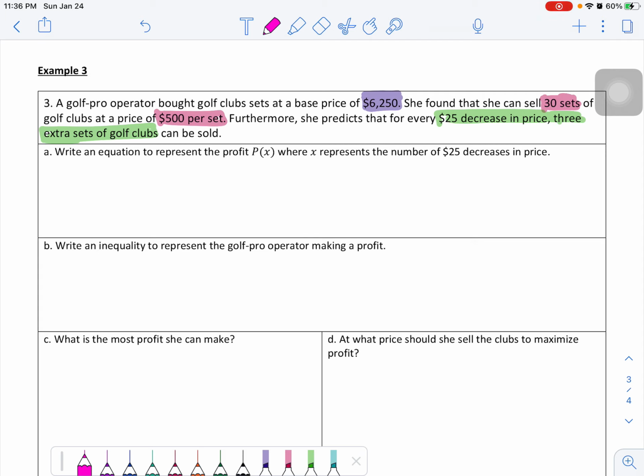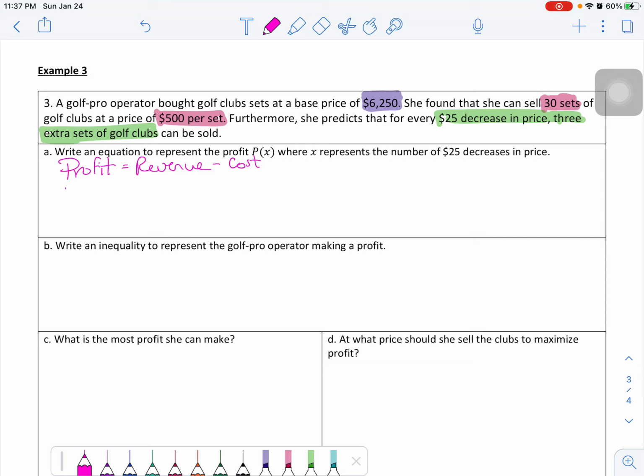For part A, we want to represent the profit equation. So profit is, whoops, I don't know why I just put 2 T's in profit. I'm going to try that again. So profit is going to equal revenue minus cost.